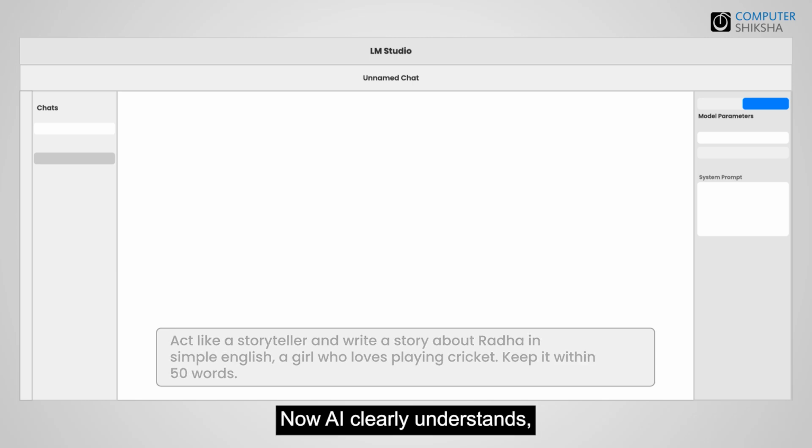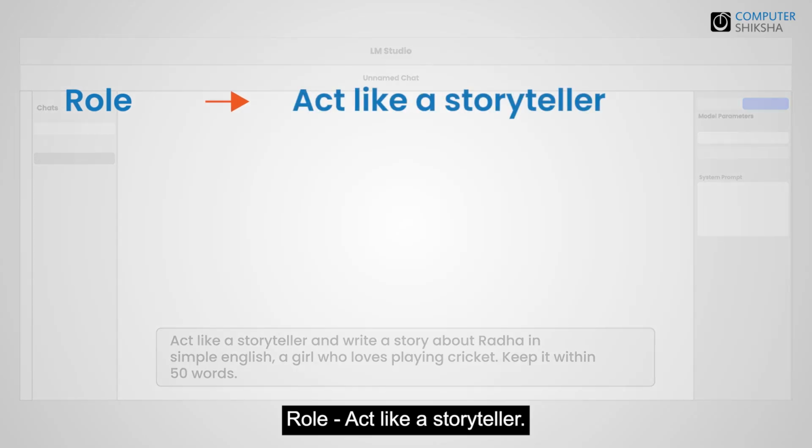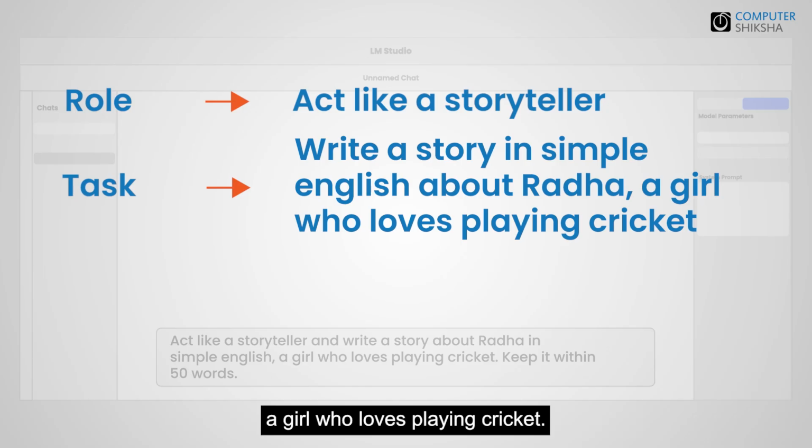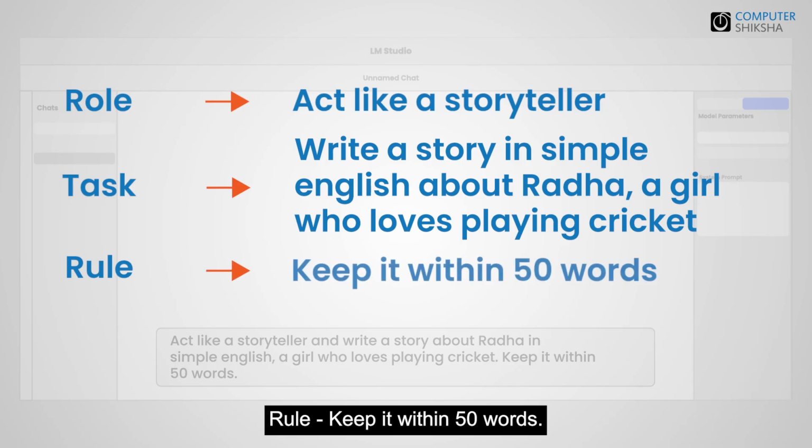Now AI clearly understands role, act like a storyteller. Task, write a story in simple English about Radha, a girl who loves playing cricket. Rule, keep it within 50 words. So now the story is better than before.